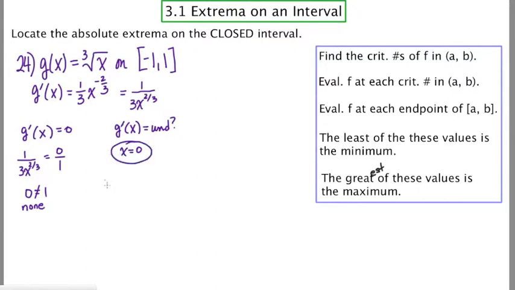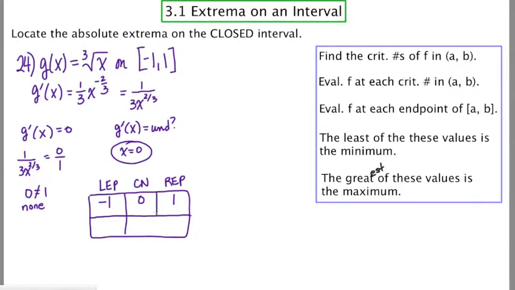Okay, so when we make our chart, we're going to have our left endpoint, we'll have our critical number, and we'll have our right endpoint. Our left endpoint is -1, our critical number was 0, and our right endpoint is 1. This is x, and this is f of x.